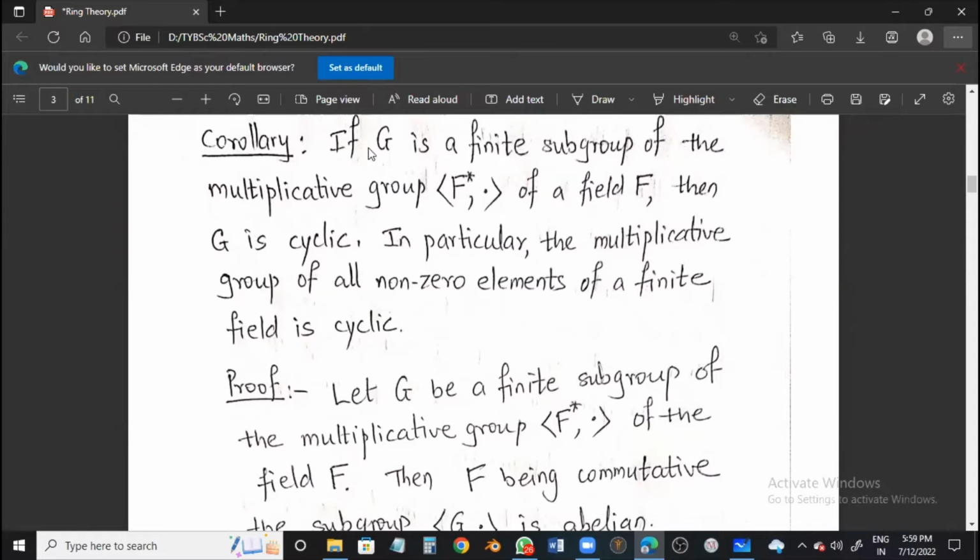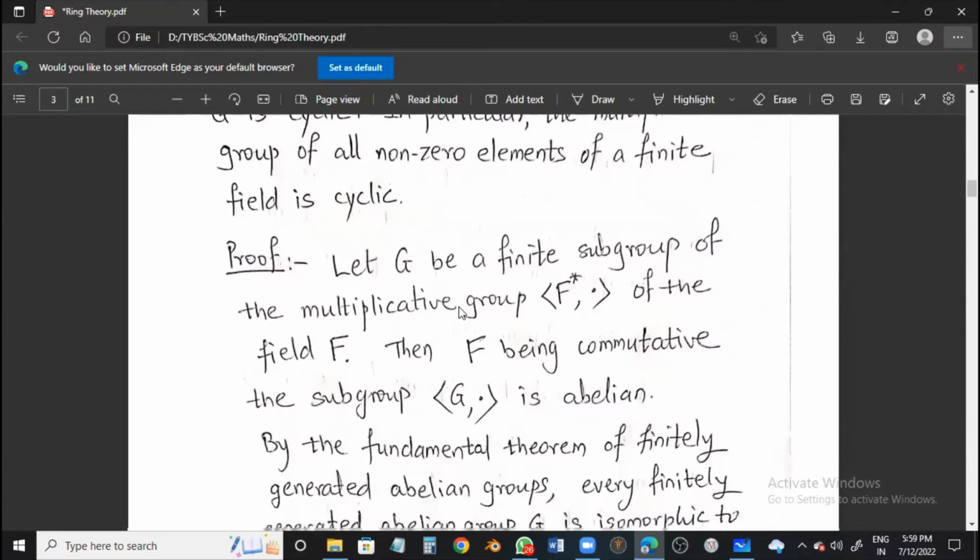What I mean is a finite subgroup of this multiplicative group is always cyclic. This we mean to show. The same statement we are saying in particular, the multiplicative group of all non-zero elements of a finite field is cyclic. Okay, so let us try to prove it.